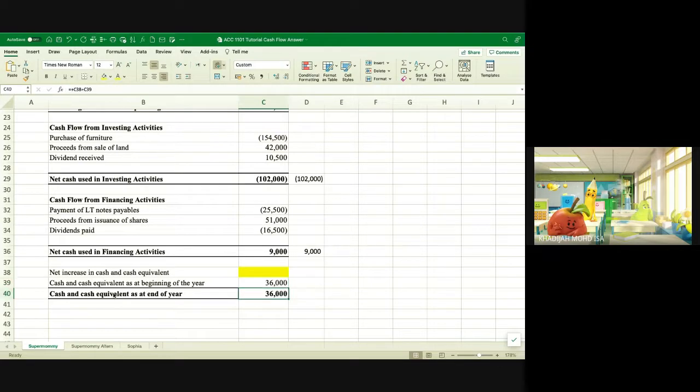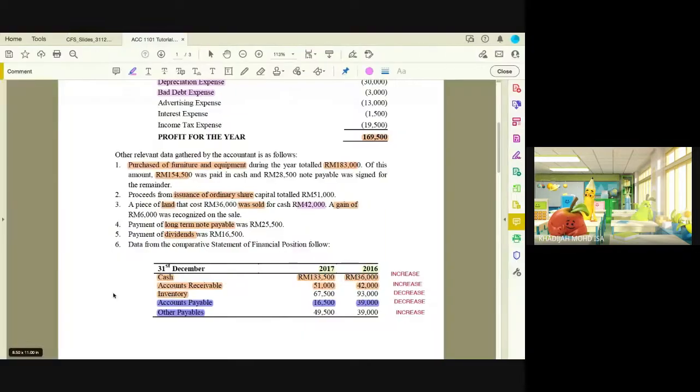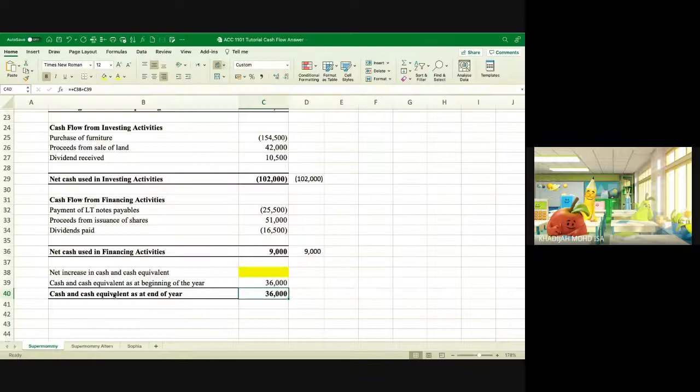And then at the end of the year, you should have how much? 133,500. So you can type this 133,500. So you know that the cash increase during the year is the balancing figure. If you have end of the year minus your beginning of the year, you should have this one minus 36,000. This is the net increase, 97,500.